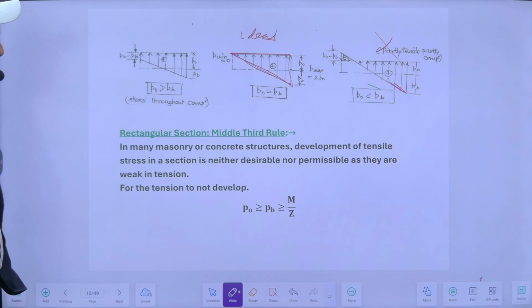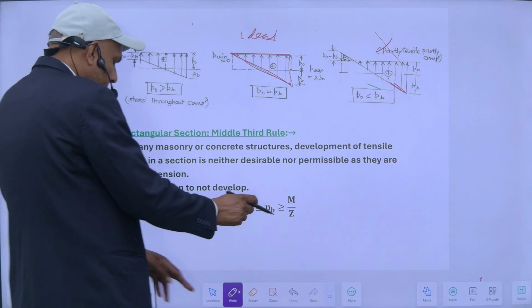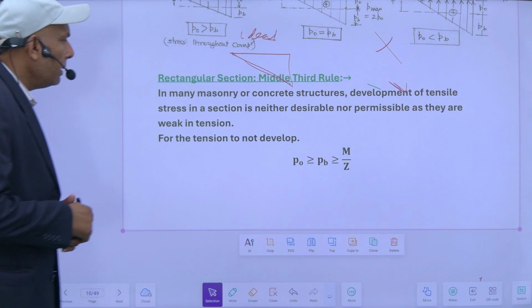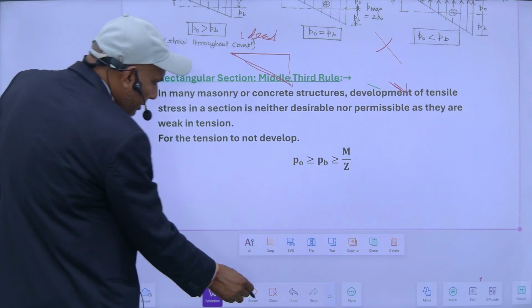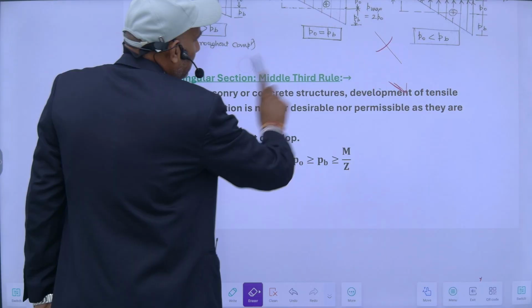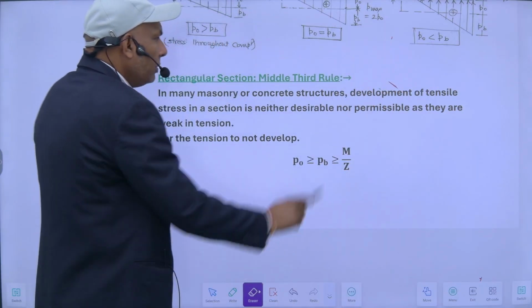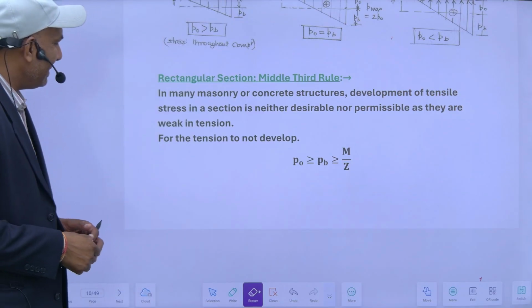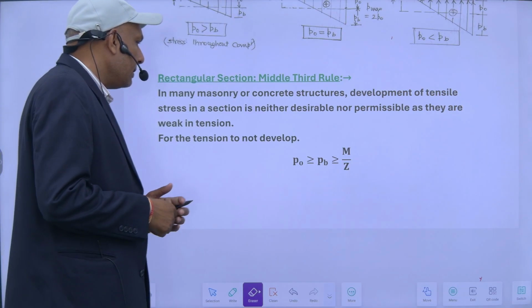So for a rectangular section, what is the middle third rule? The middle third rule is that in many masonry or concrete structures, development of tensile stresses in the section is neither desirable nor permissible, as they are weak in tension. Concrete is weak in tension.